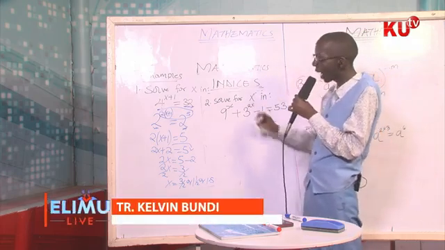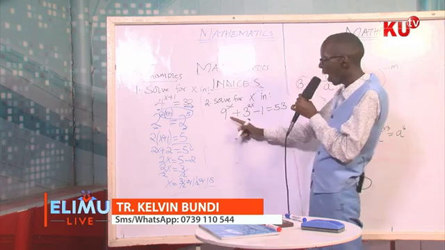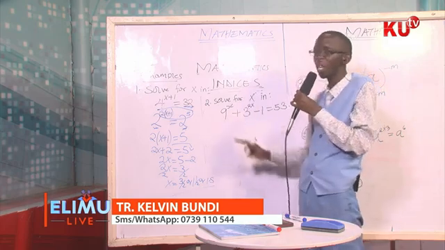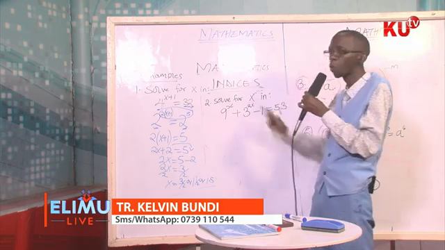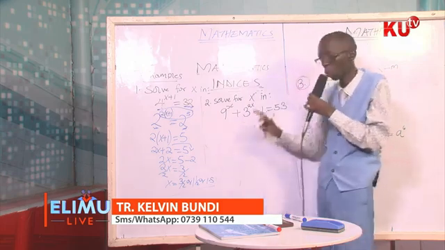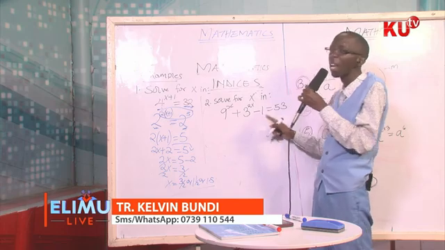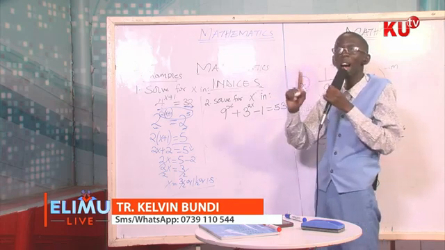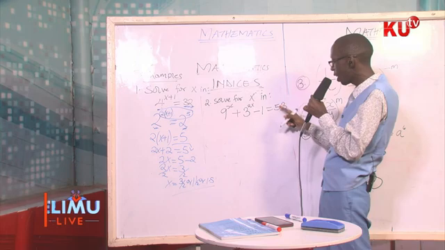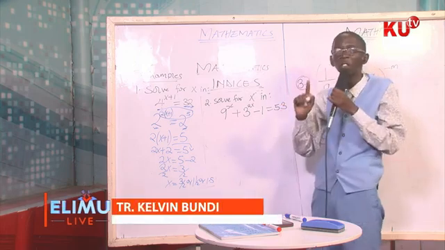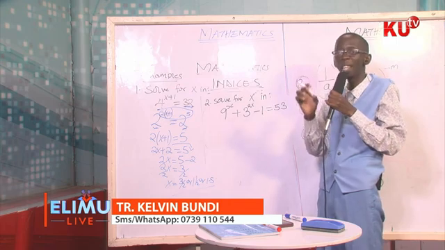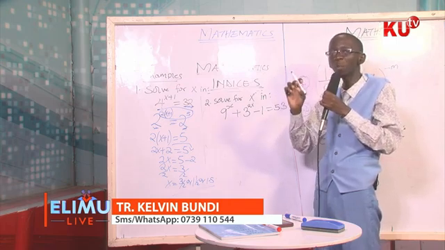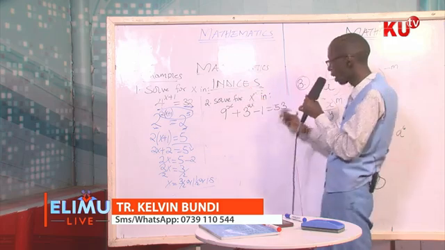Now, when you look at this equation, we have 9 to power x. 9 is the base, x is the power. 3 to power 2x. 3 is the base, 2x is the power. Then minus 1. 1 has no power. Is equal to 53. 53 has no power. Bring the like terms together. The terms without powers, let them go together.